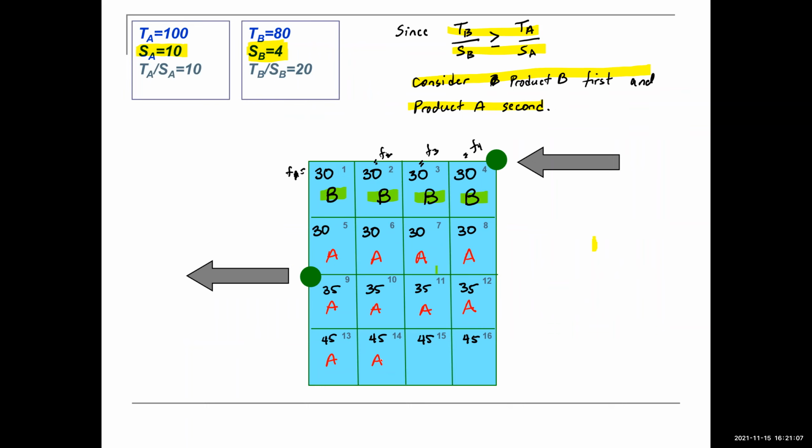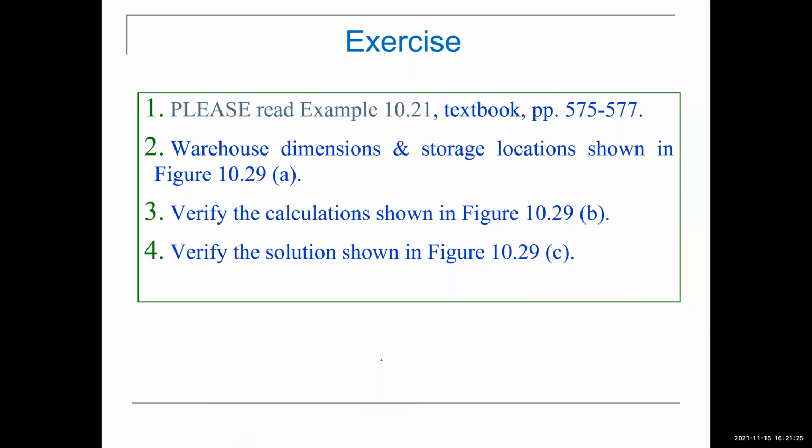So the solution is basically the final assignment for the products in the warehouse. Okay. If you're still not 100% sure of what we did, I encourage you to look at this example in the book. If you go to example 10.21 in your textbook, pages 575 to 577, it's a problem similar to this one that we just discussed.